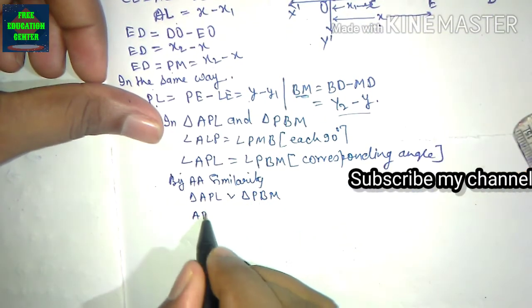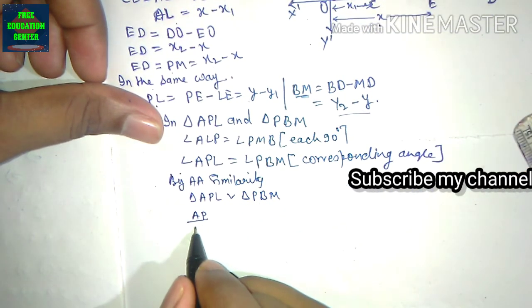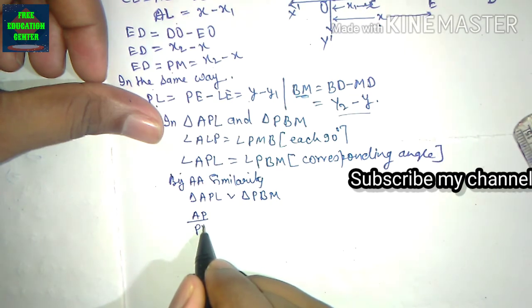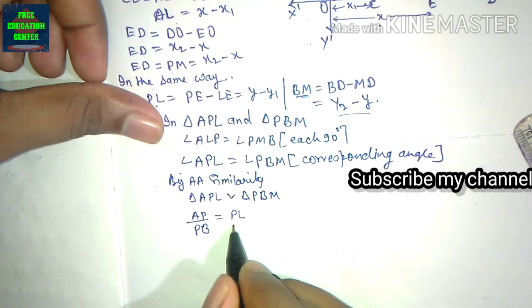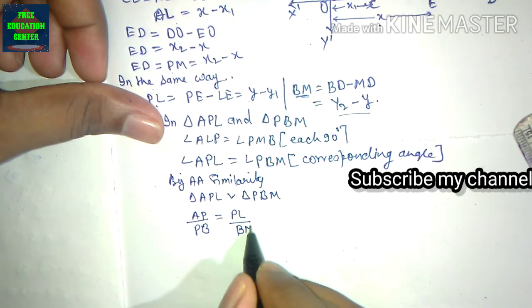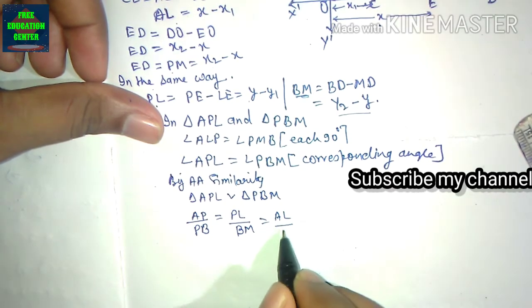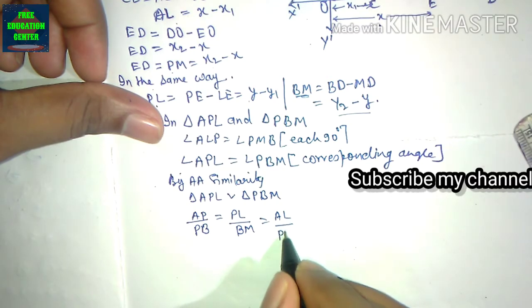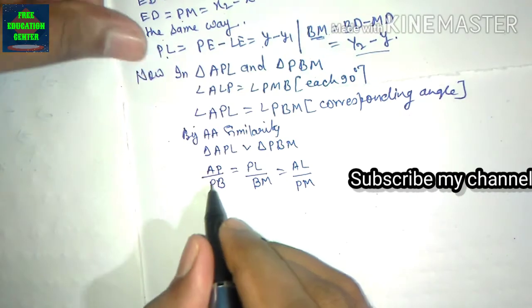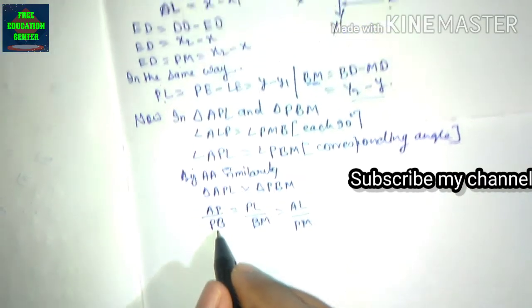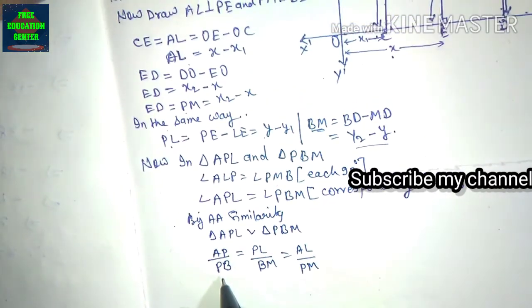Now AP by PB equals PL by BM equals AL by PM.